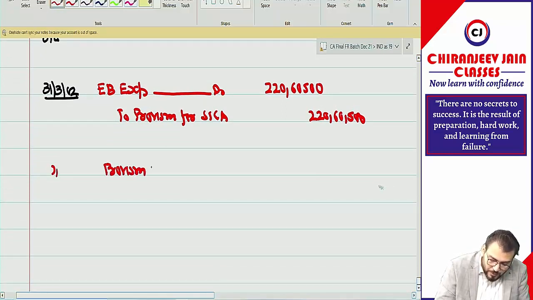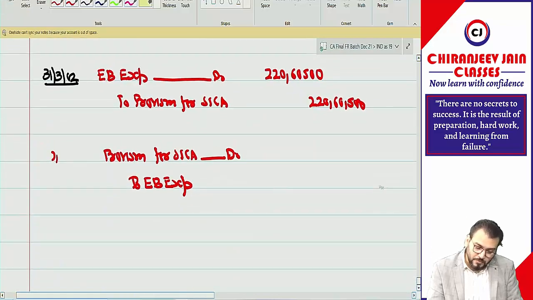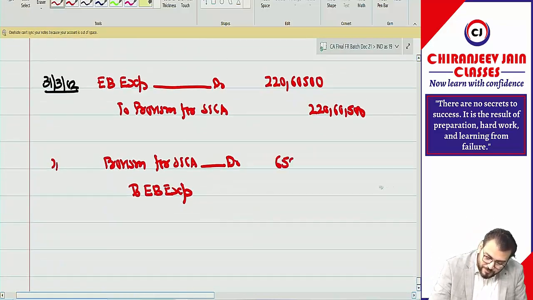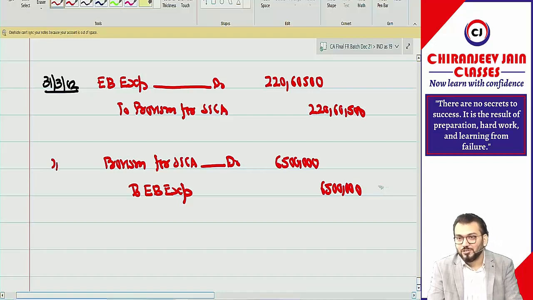So provision for short-term compensated absences account debit to EB expense. How much is it? How much is given? 65 lakh, na? But how this amount is calculated, don't worry. If you think about how this has been calculated, you will be confused. Correct?